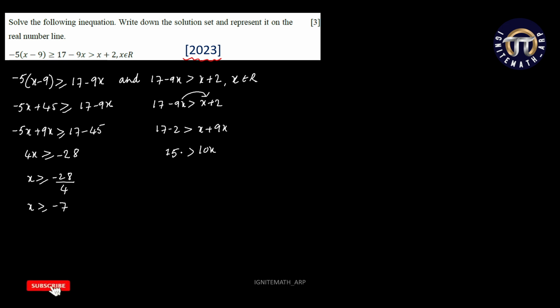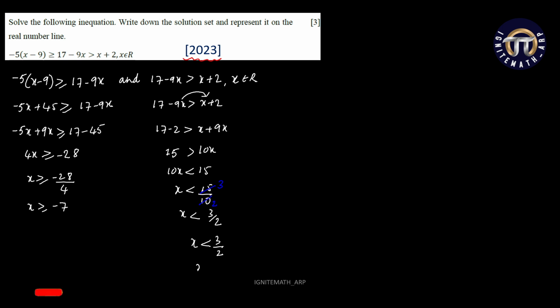Correct, children? So 10x is smaller than 15, then x is smaller than 15 divided by 10. I can cancel this, 5 twos are 10, 5 threes are 15. So 3 by 2. So x is smaller than 3 by 2. Clear, children?